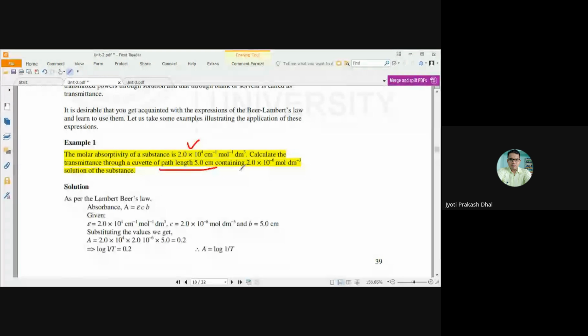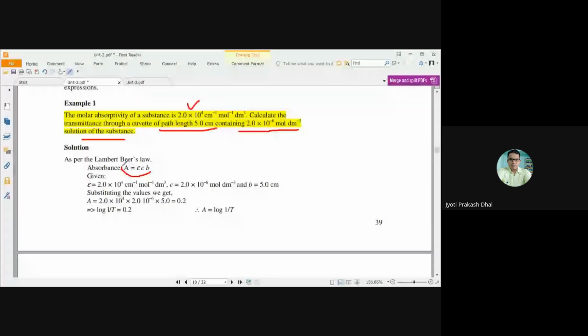Now, according to Beer's law, we can write A equals to epsilon cb. So here the value of epsilon is given, the value of c is given, and b means path length or the width of the cuvette is given, that is 5 centimeter.